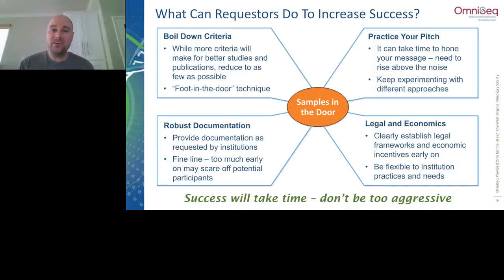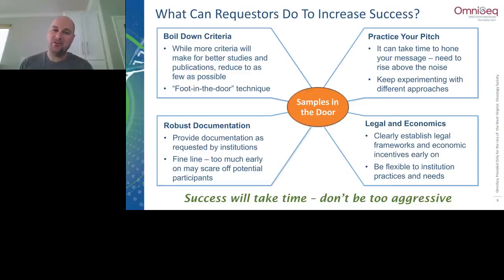There's the foot in the door technique and there's the door in the face technique. The foot in the door technique is you start with a minimal ask to get your foot in the door, and then, as you get a yes to the first one, you incrementally add additional requests in the hope of working up to your ideal. With the door in the face technique, it's pretty much the opposite. You start with the ideal and then you work back from there.